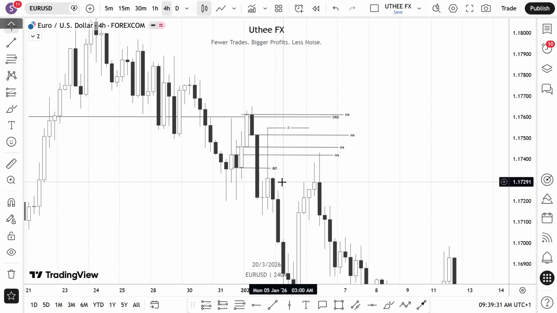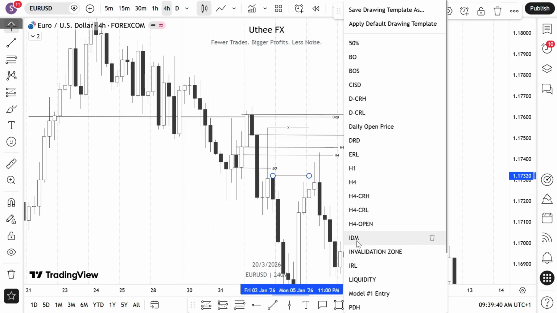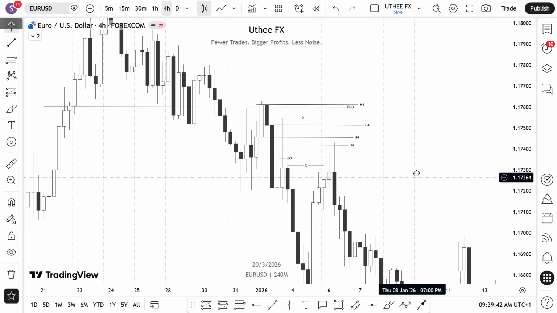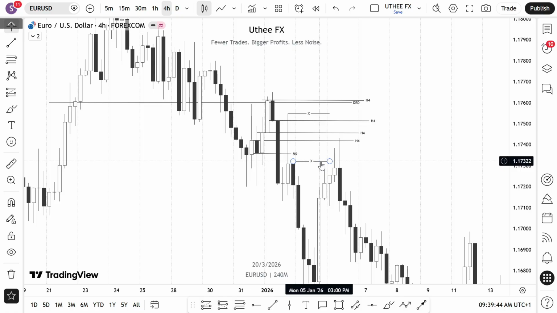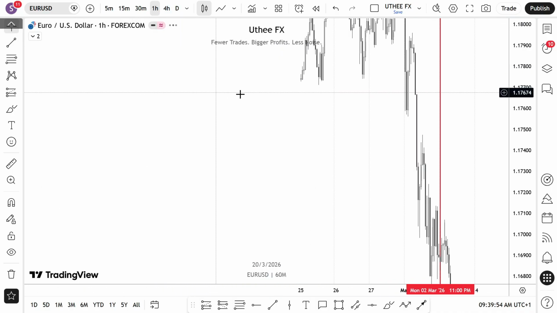Instead, it just used the whole of the previous day as inducement. The new day attacks liquidity, rebalances and holds imbalance. You come back to the 1 hour time frame.